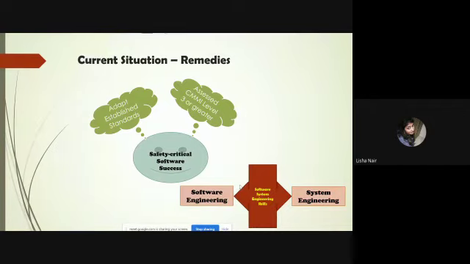When I say that, you should not just have knowledge about software, or just have knowledge about system. You should have a combination. The software system engineering skill is what would bridge the gap between these two engineering disciplines, which could be the best remedy to get a successful safety critical software.